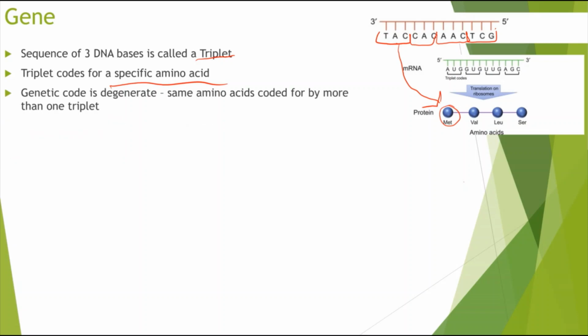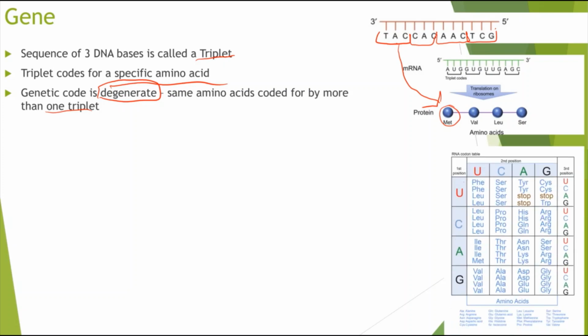And you need to know that the genetic code is degenerate. So some amino acids can be coded for by more than one triplet. For example, looking at this example, if we're looking at phenylalanine, we can see that UUU can code for phenylalanine, and UUC can also code for this.